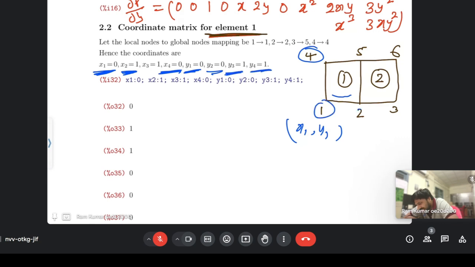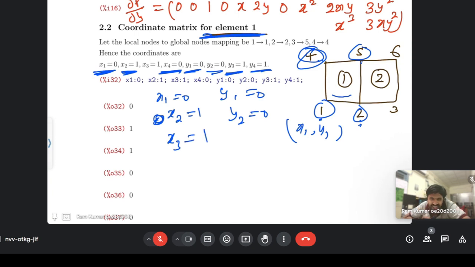So for element 1, this will be x1 y1, x2 y2, then x3 y3 and x4 y4. Yes, right. So we got x1 equal to 0, y1 equal to 0, x2 equal to 1, y2 equal to 0.